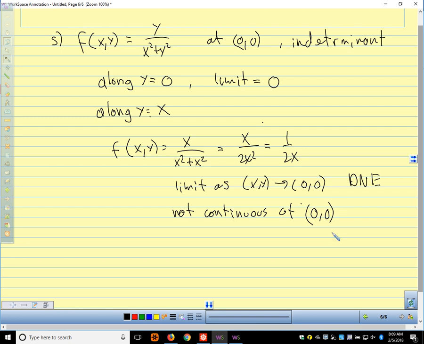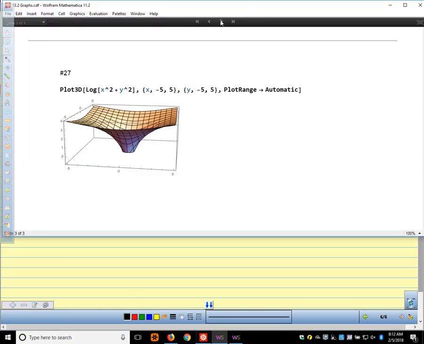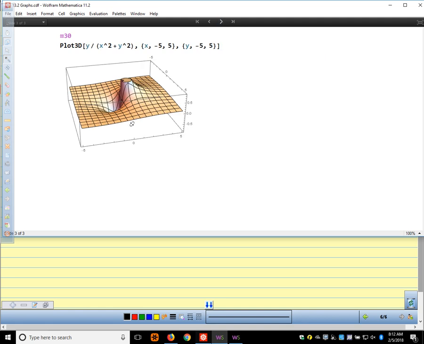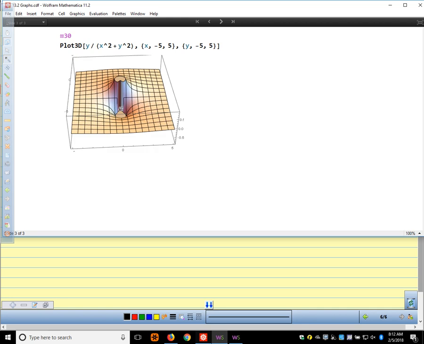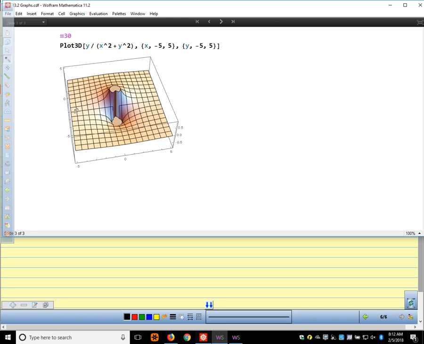So let's take a look. There we go. So I could walk along here, and my function value is 0.